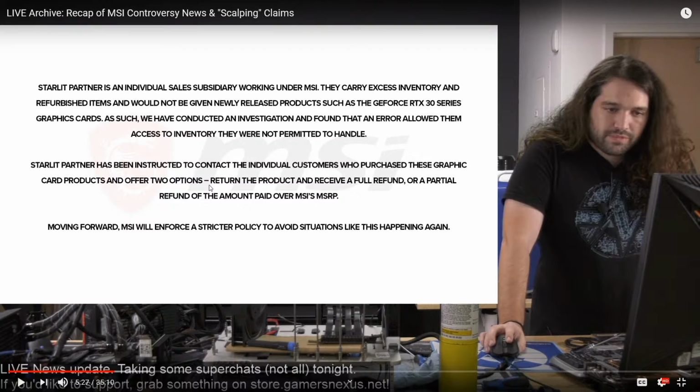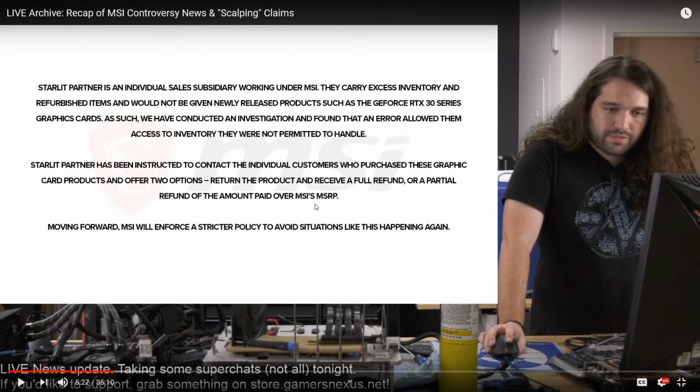So they're basically saying there was an error, we're sorry, and here's what we can do: return the product and receive a full refund, or a partial refund of the amount paid over the MSI MSRP.